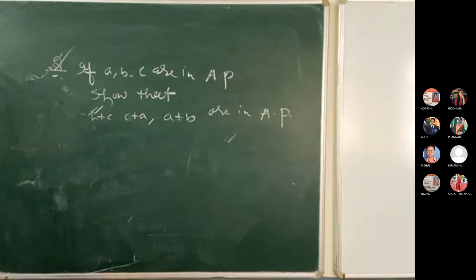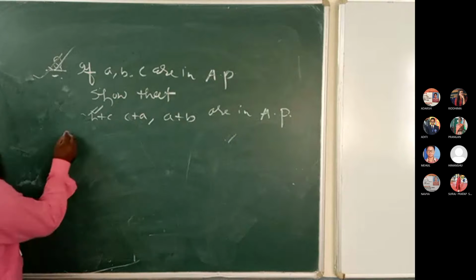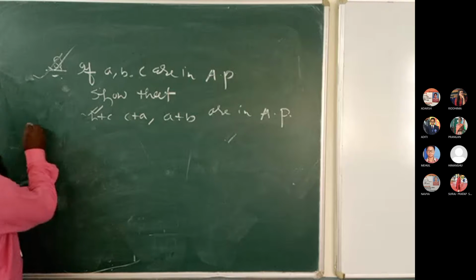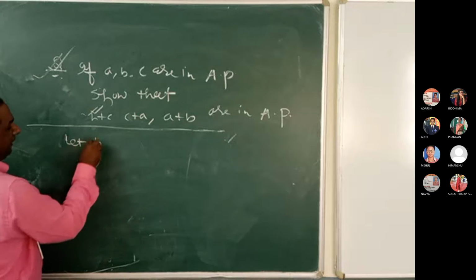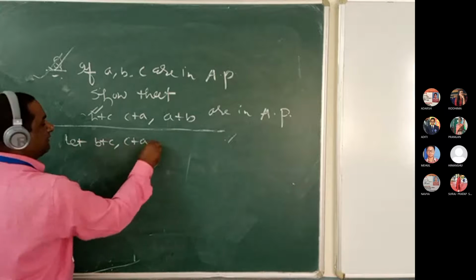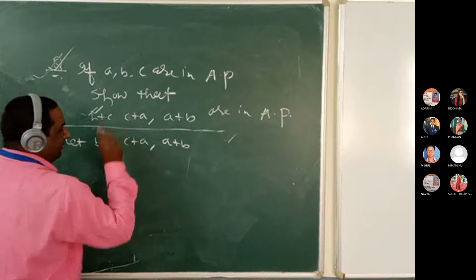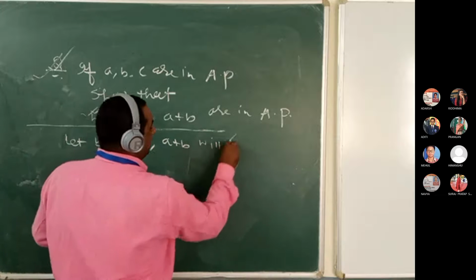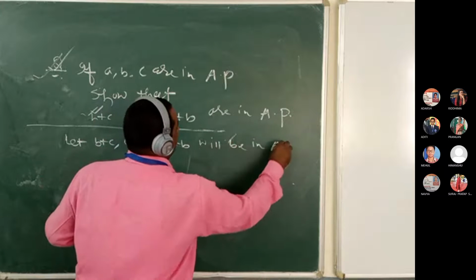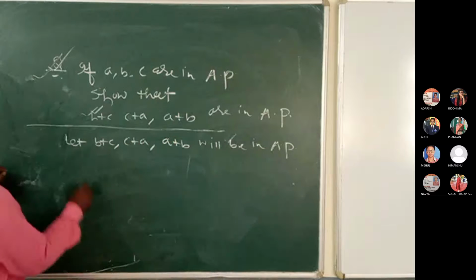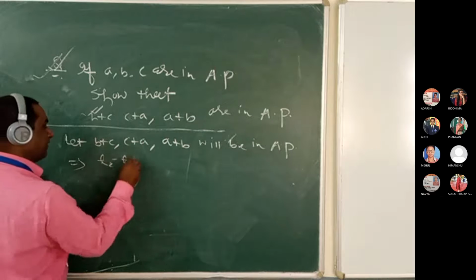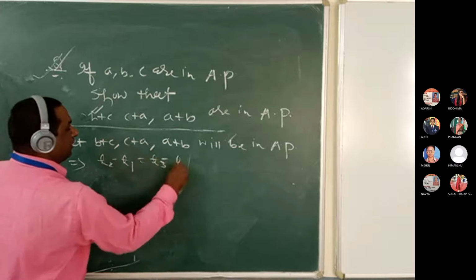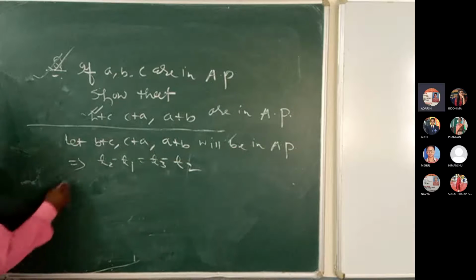Our next step: let B plus C, C plus A, A plus B be in AP. Then second term minus first term is equal to third term minus second term.